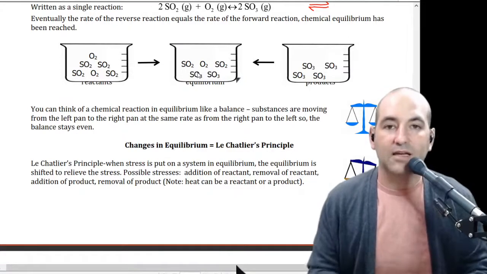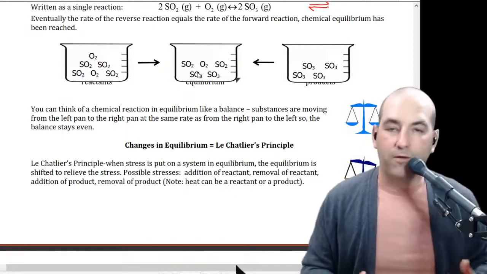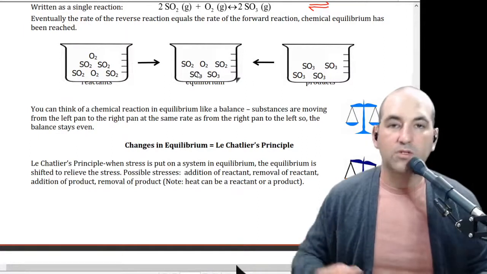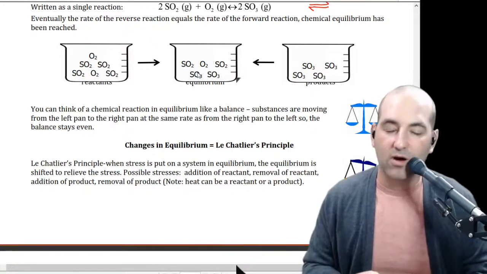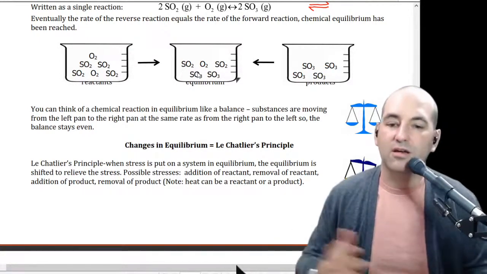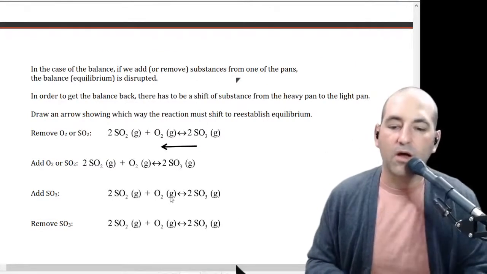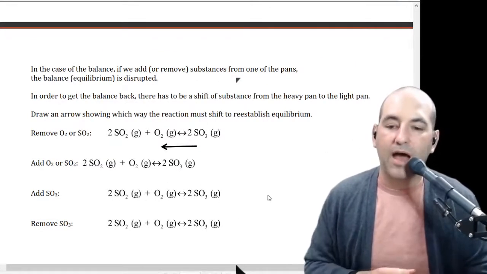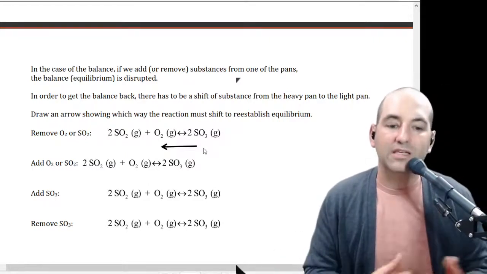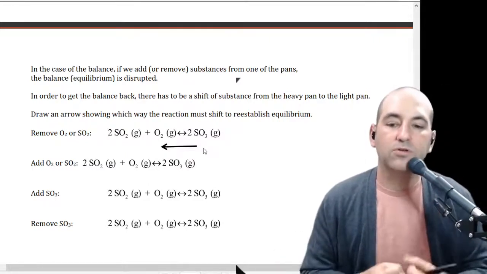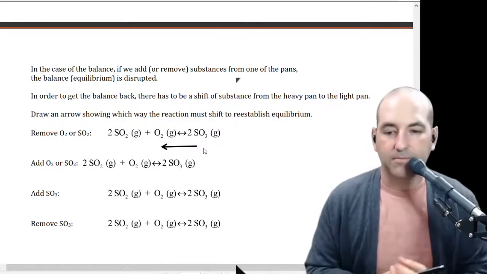So a common experimental technique, when you have this equilibrium, is to pull out the products as they're formed, which forces the reactants to then make more of that. And there are some examples here about how the reaction would move to reestablish equilibrium after you add something or remove something.